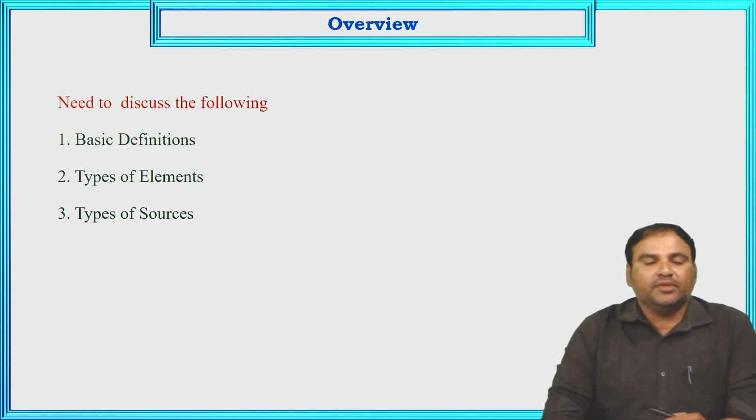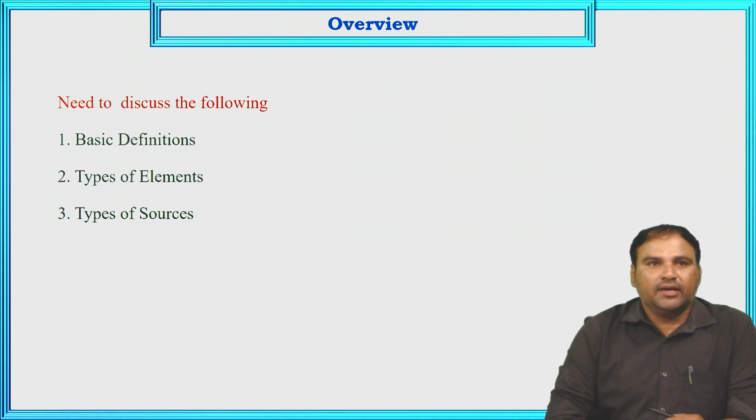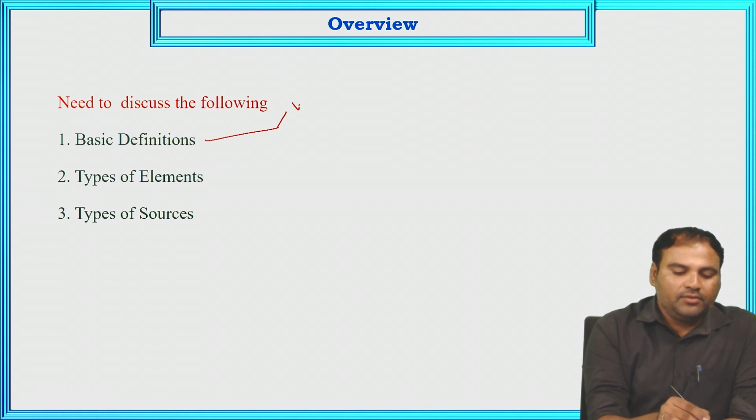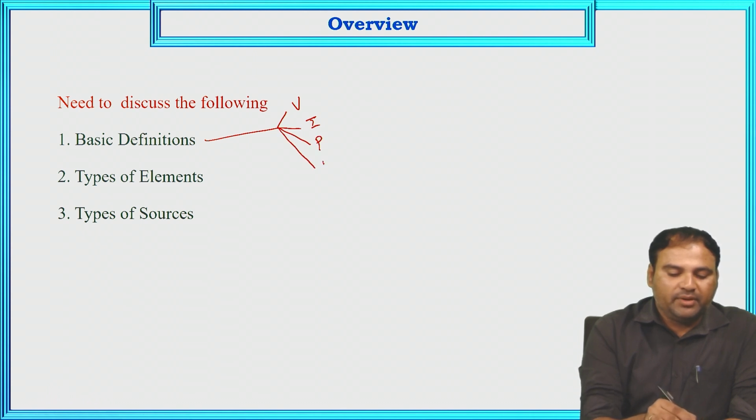Here the basic definitions are: what is meant by voltage, what is meant by current, what is meant by power, and what is meant by energy.